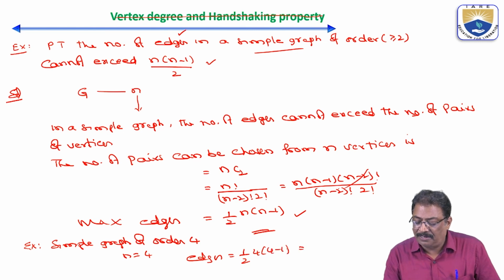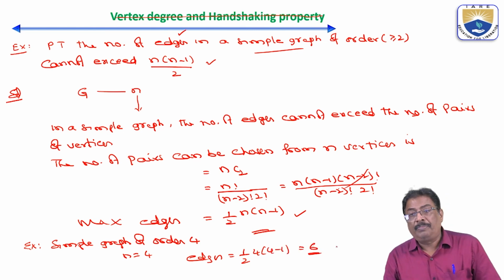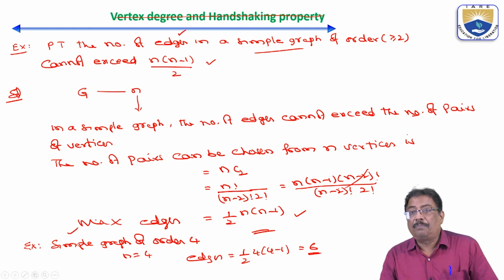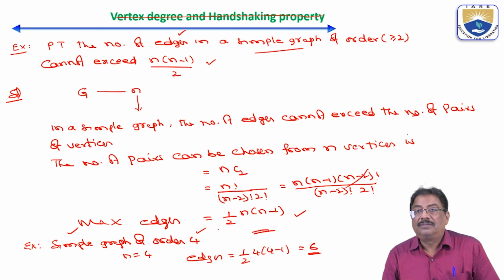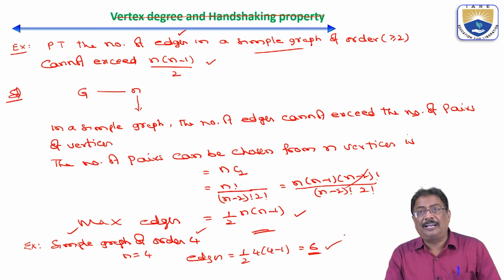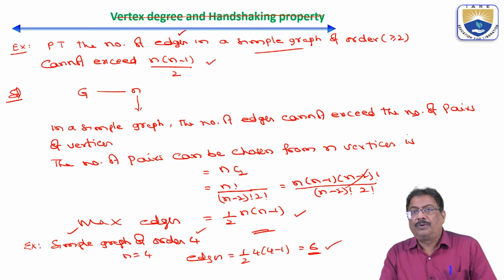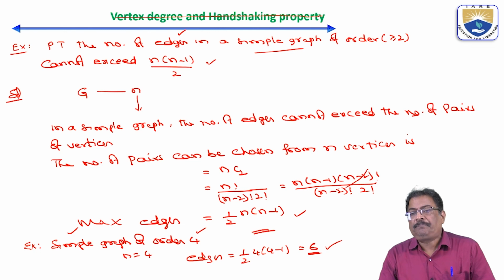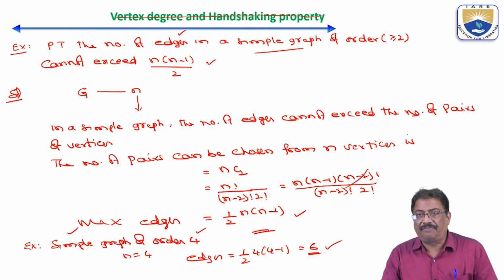So this is nothing but 6. So for any simple graph of order 4, the maximum number of edges is only 6. Like that we can calculate: whatever the n value is, we just substitute it in this and find out the maximum number of edges the simple graph can have.